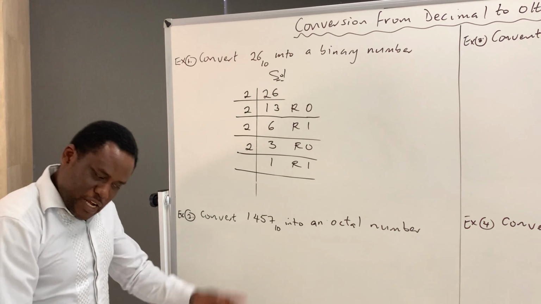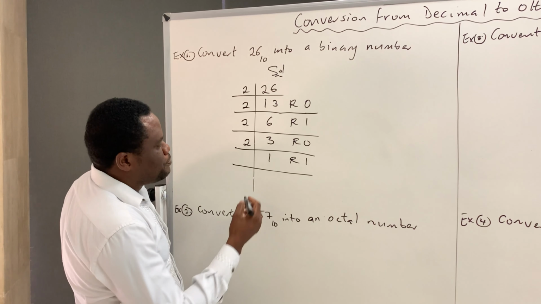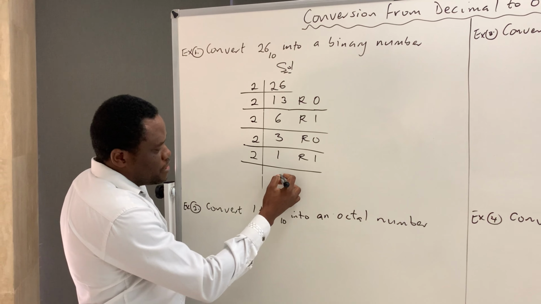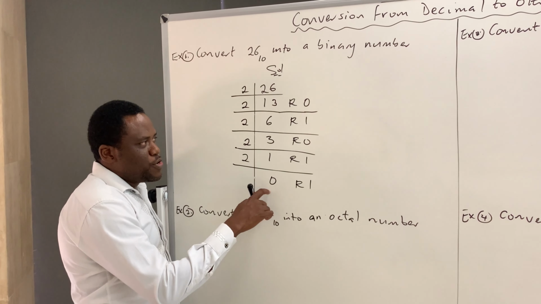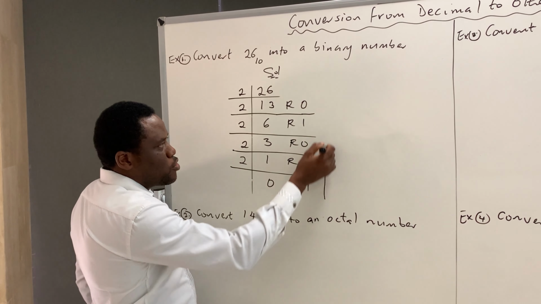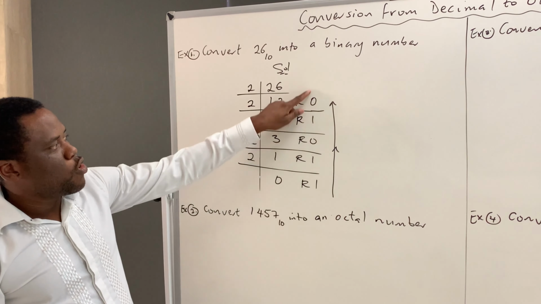So anything you divide, you can check again. Can 2 go into 1? 2 goes into 1, 0 times, and what is left is 1. It is finished. So what do you do? You read from down upward.